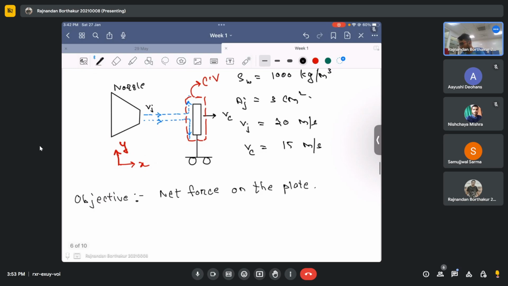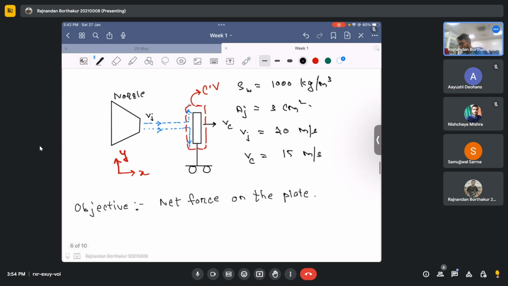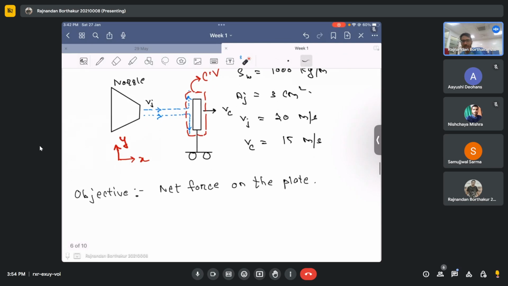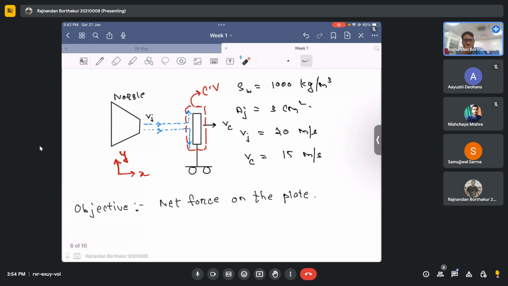All right, let's now try to solve this problem. Again, the first step in applying Reynolds transport theorem, as I have repeatedly mentioned, is the choice of a control volume.